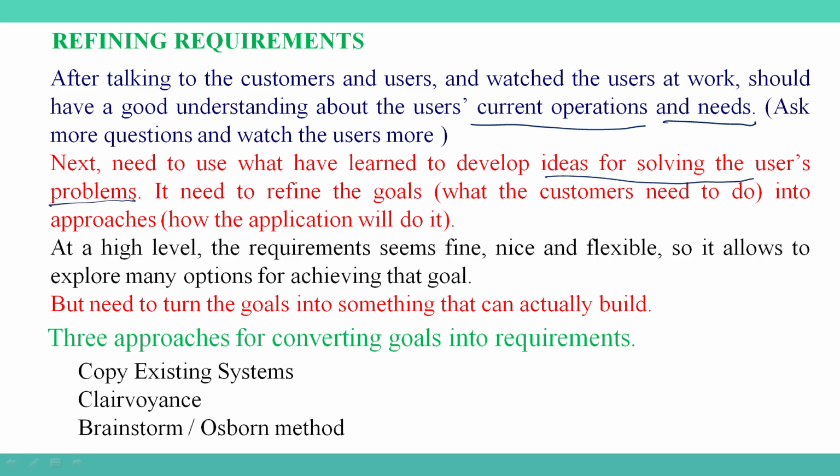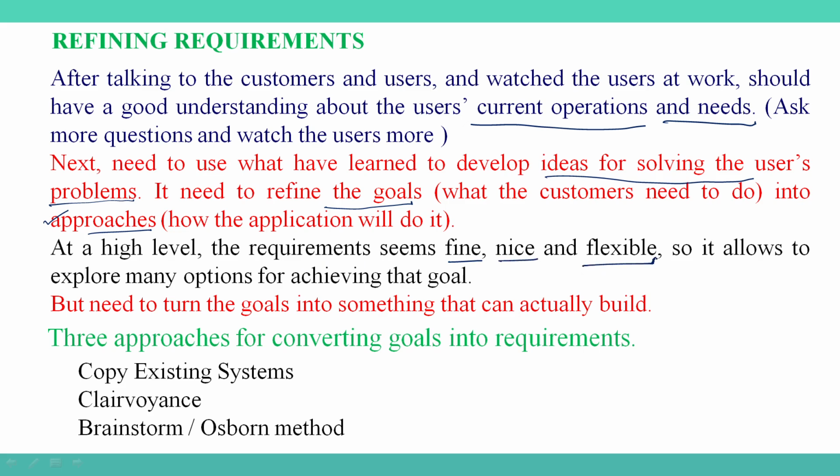Then you need to refine the goals into approaches. They are telling some business things, and you have to convert them into an approach. That means we have to convert it into a model or into a requirement. At the high level, the requirement seems fine, nice and flexible.